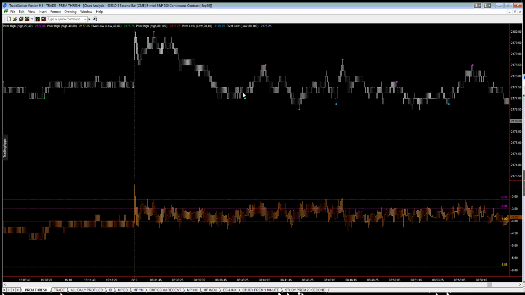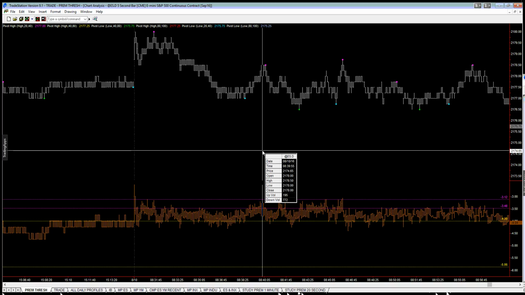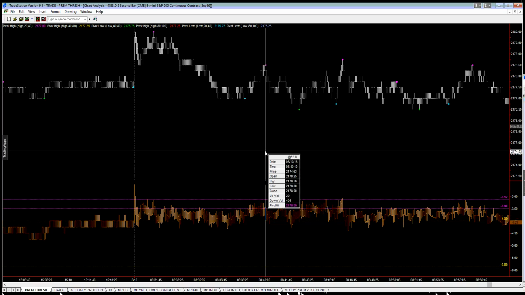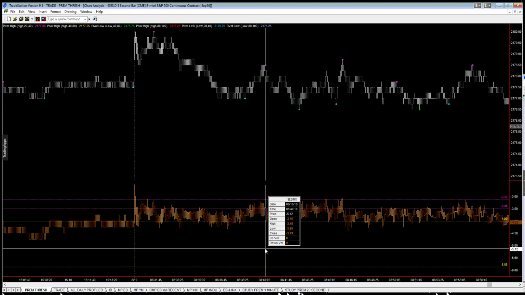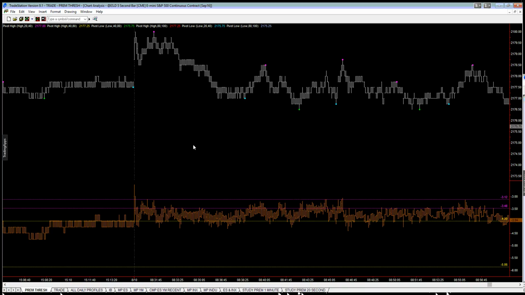Now, in a declining market, what we're looking for is a higher high, not a lower high. Here, it's much lower. We would not set the threshold to this level, only if it's higher.